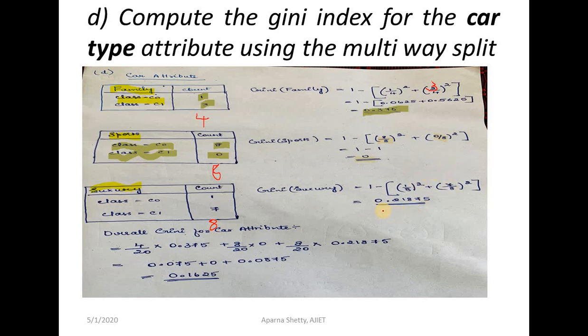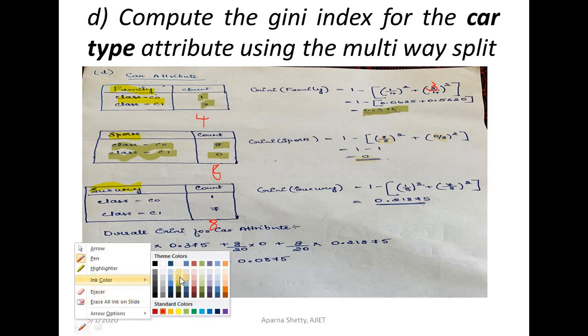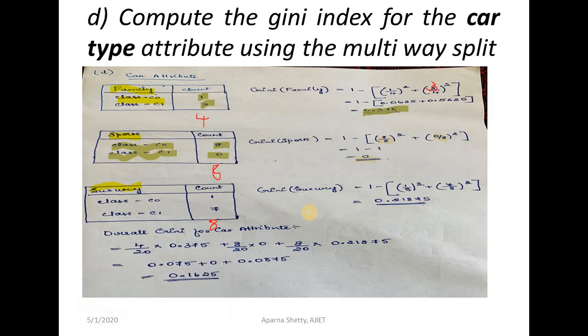You will get 0.21875. Okay, you have calculated the Gini for family car, sports car and luxury car.